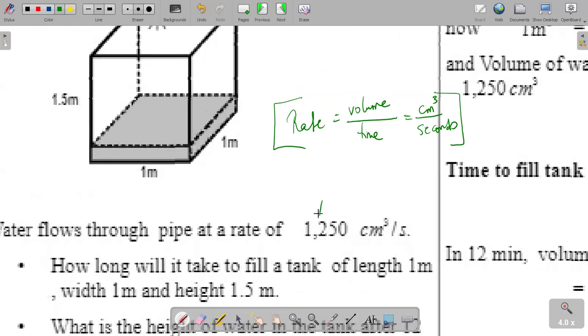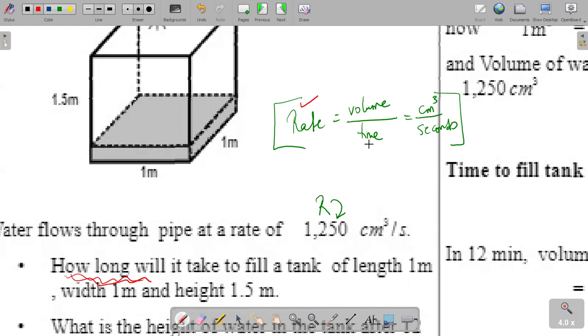Don't we have R, because R is the rate? Label the information. Look at what you have. What else do we have? What they ask us to find: how long. So if they're asking how long, which one of these are they asking us for, the time or the volume?